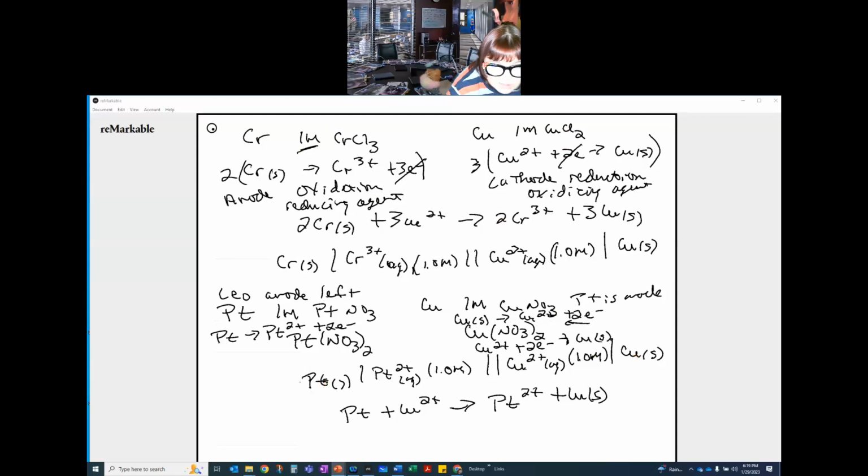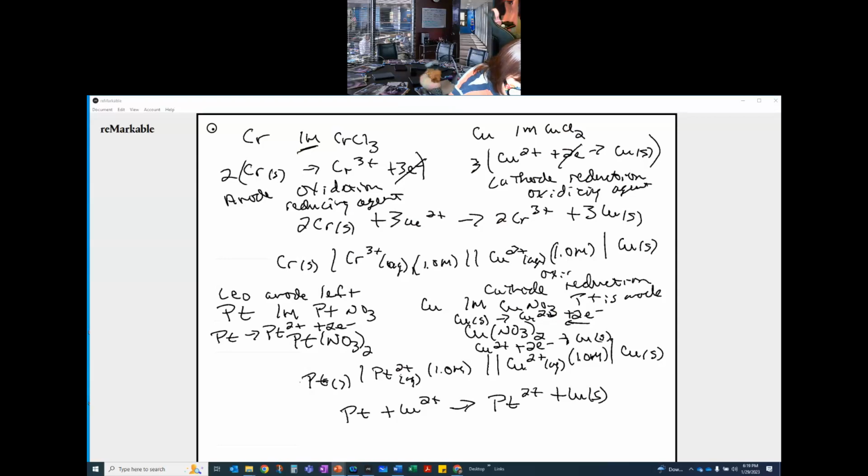This is a reactant. And this is a product, Pt2 plus, and my other product is Cu(s). Okay. So that's how I know where that's all going. My anode half reaction is this one right here. I also know that this is the oxidation. This is my cathode. This is reduction.